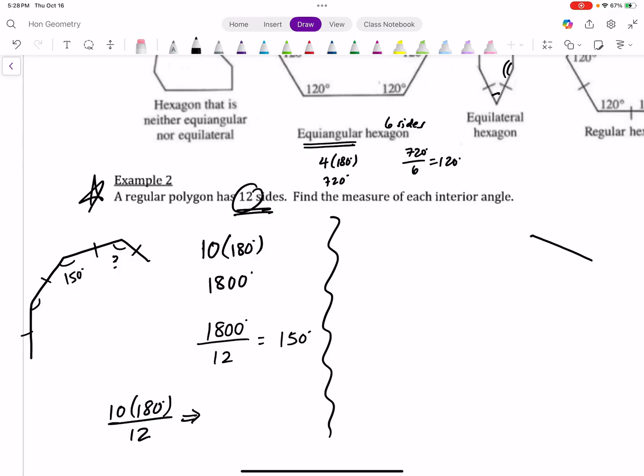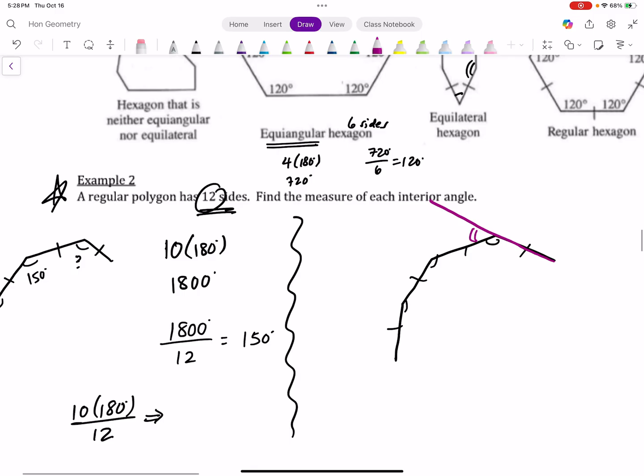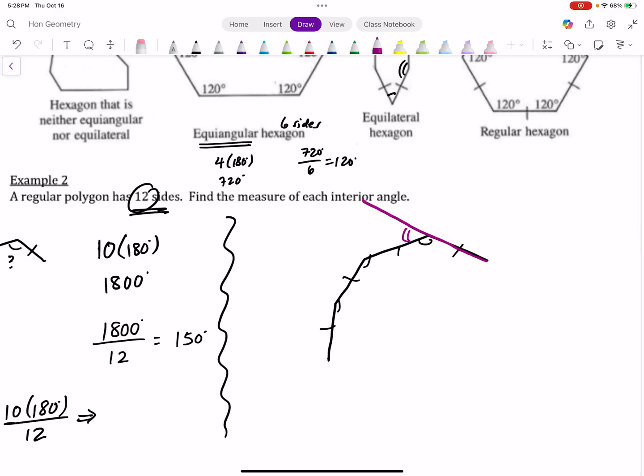However, I know you, and you think like I do, why are we going to beat around the bush when we could do this much quicker? So, what if I just took a side and extended it and created myself an exterior angle? Well, the beauty of the exterior angles of these convex polygons is that they always add up to 360 degrees, and there's still going to be 12 of them because there's 12 sides to this thing.